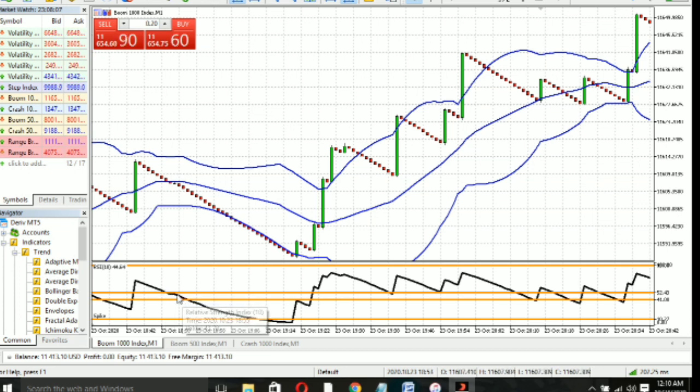Once you notice it has passed these two lines and is still moving, then you can continue selling. Then when you notice that it has gotten to this line, you close your sell immediately and set it on buy, because there will be a spike. Once it has passed this line, be expecting a spike.